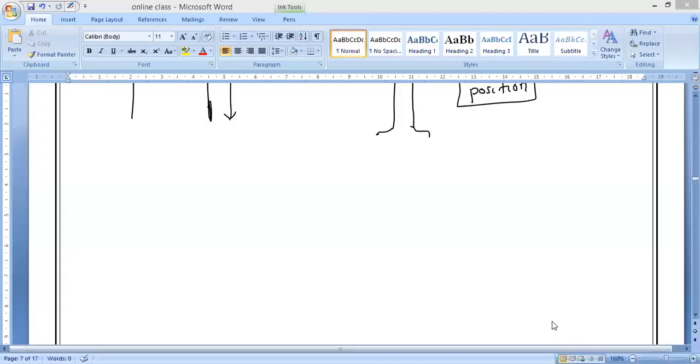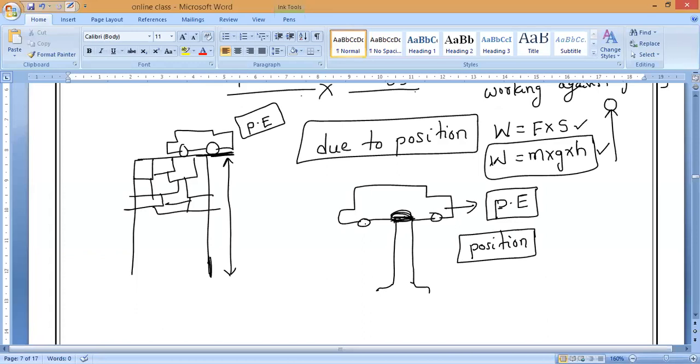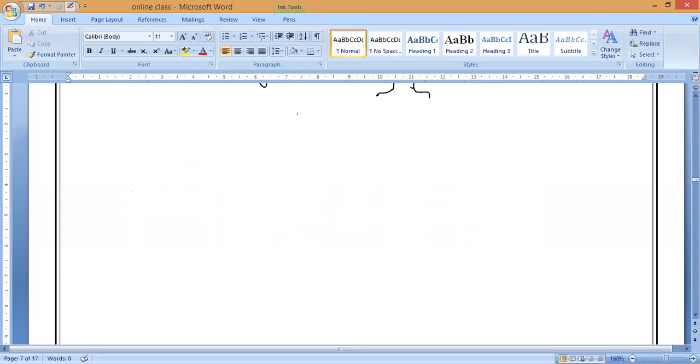So from this I can make, see, the first case I said, a car on our terrace, a car on the hydraulic lift. In this case, due to the position, the energy is possessed by the body, working against what? Working against gravity. So that is why this kind of energy we used to call gravitational potential energy, and due to the stretching, elasticity, that is called elastic potential energy.